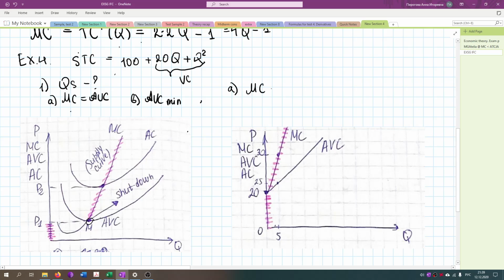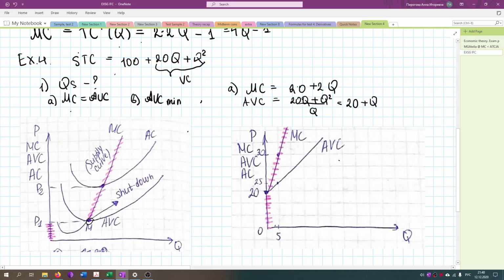And marginal cost, in our case, we will need to take the derivative of our total cost function, and it will be equal to 20 plus 2q, and the equation of average variable cost will be our variable cost divided by q, which is equal to 20 plus q.